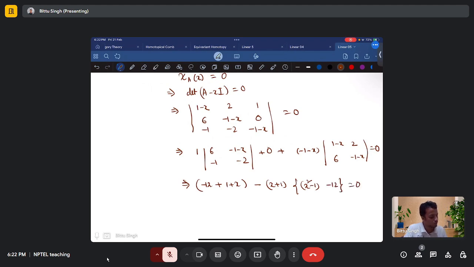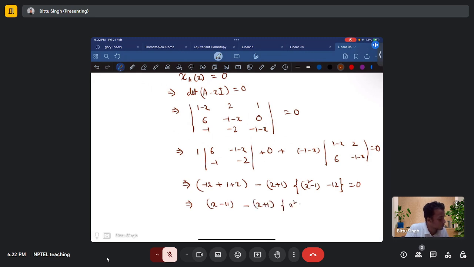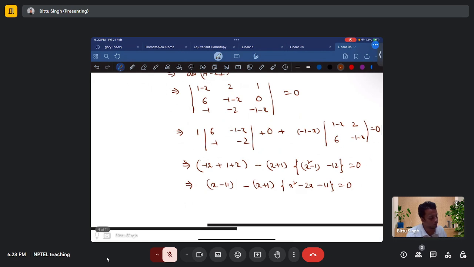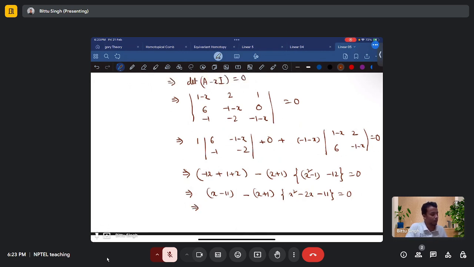This is same as 0. And now this is same as x minus 1 times minus x plus 1 times x square minus 2x minus 1 plus 1 minus 12. That is again minus 11 equal to 0. Simply we just compute the calculation.